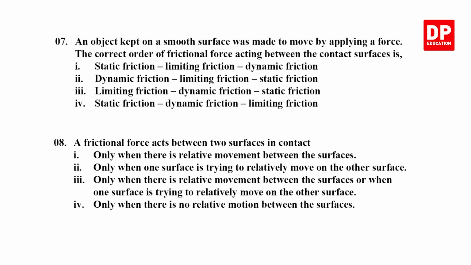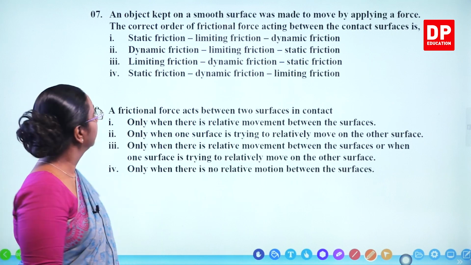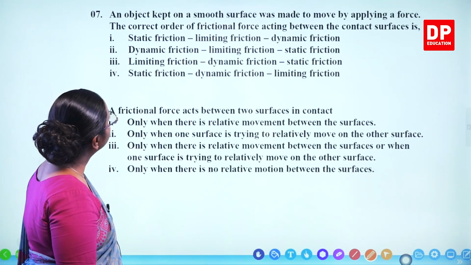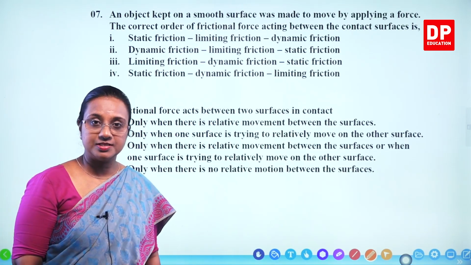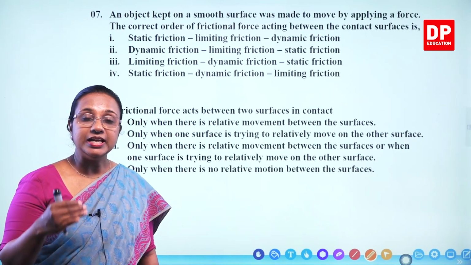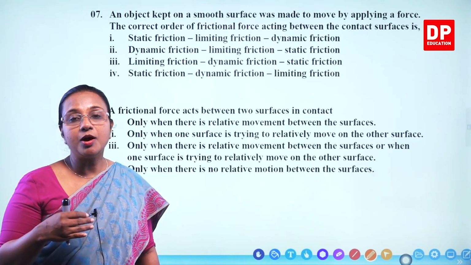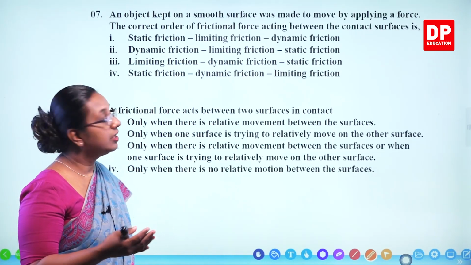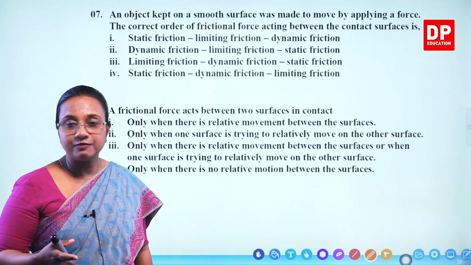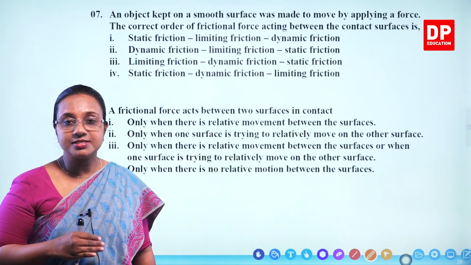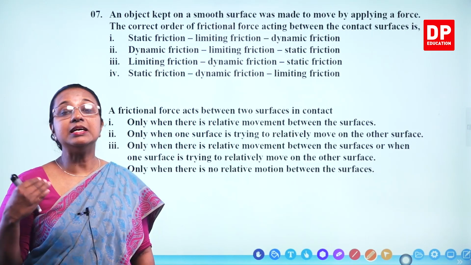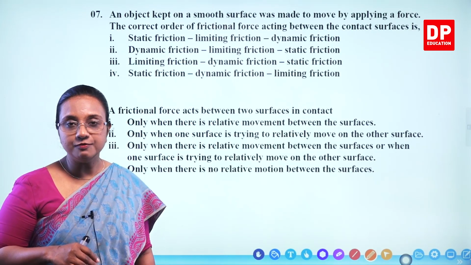An object kept on a smooth surface was made to move by applying a force. The correct order of frictional force acting between the contact surfaces. So, you know, initially when you pull the block or the object, it is the static frictional force, and it increases and reaches the maximum, that is the limiting frictional force.